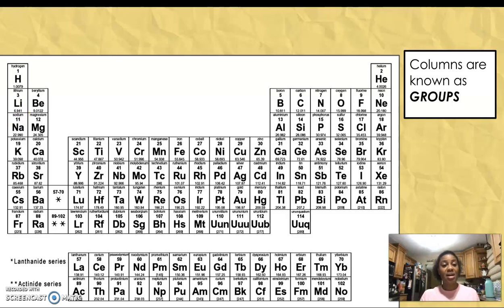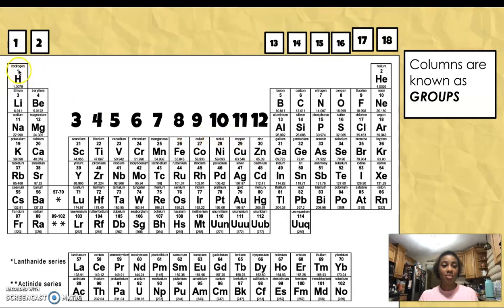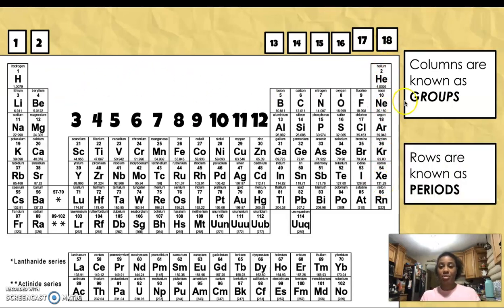Then we also have rows, and the rows are called periods. They're all numbered or labeled, if you will. The columns would be group 1, group 2, and so on until we get to group 18. The periods would go horizontally, and they have similar energy levels. But for this lesson, we're just going to talk about the columns and the groups, okay?